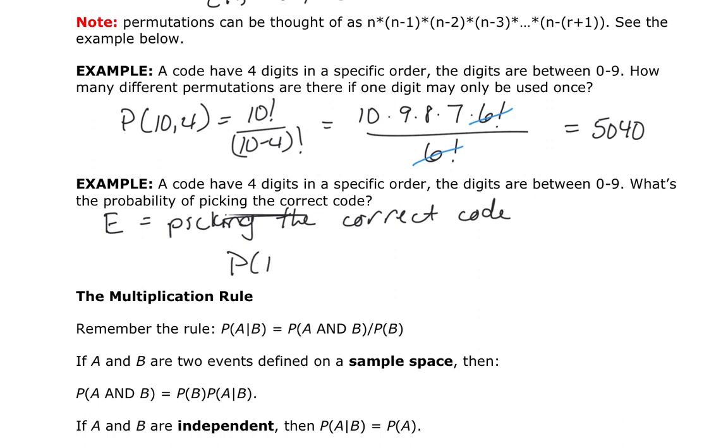So the probability of this event E happening is 1 out of 5,040, which is 0.0002. So in other words, you have a 0.02% chance of getting the correct code. So that's where permutations and combinations come into play with probability.